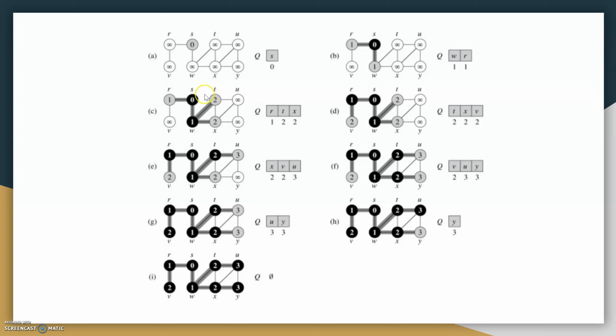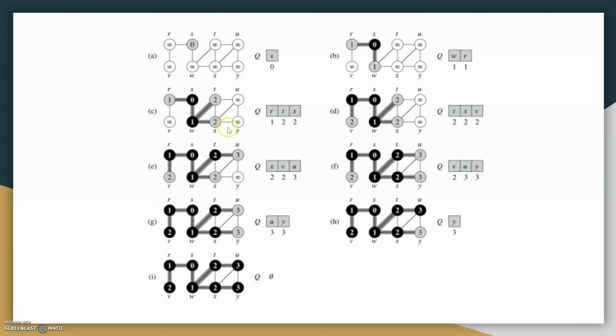And then the two vertices reached from W, T and X, are marked gray, and marked with number 2 because they are the second set of vertices being visited. They are both gray because they are still in the process of being reached, so they are not done yet.